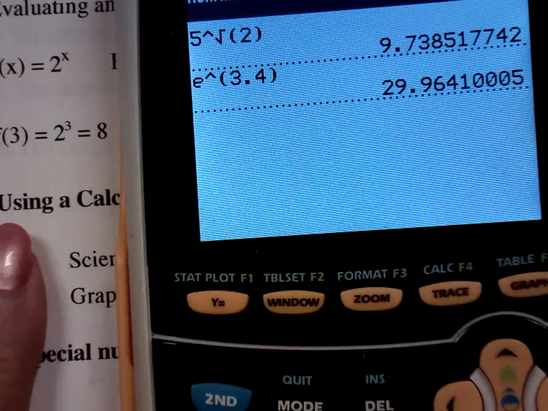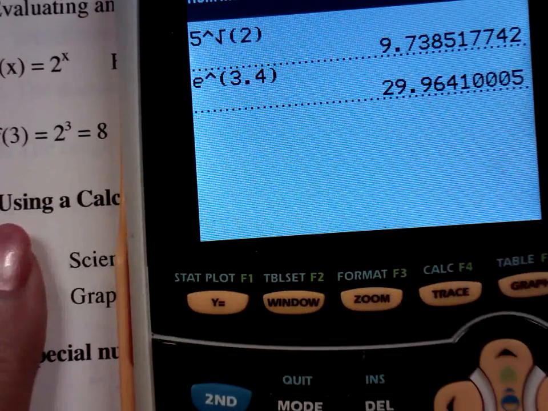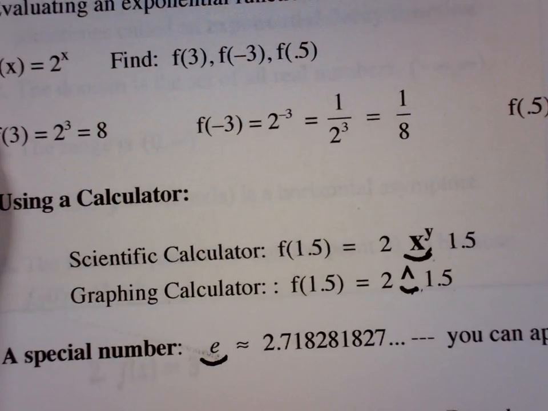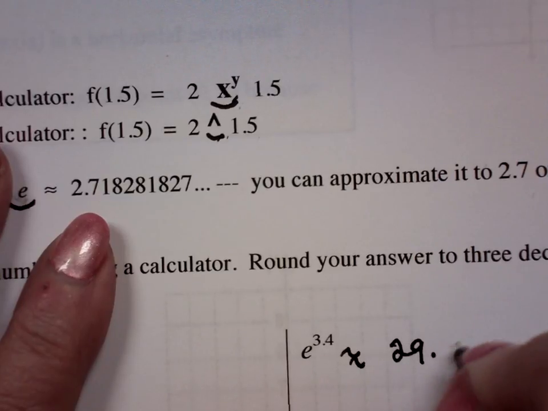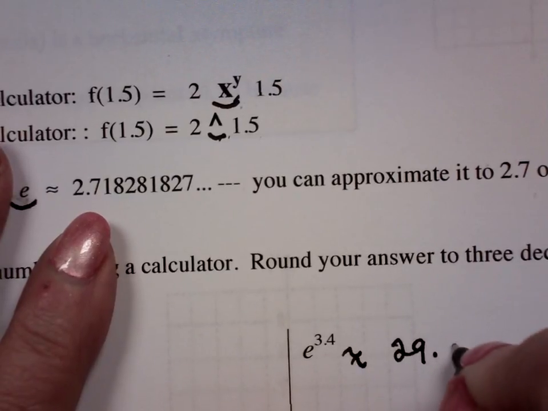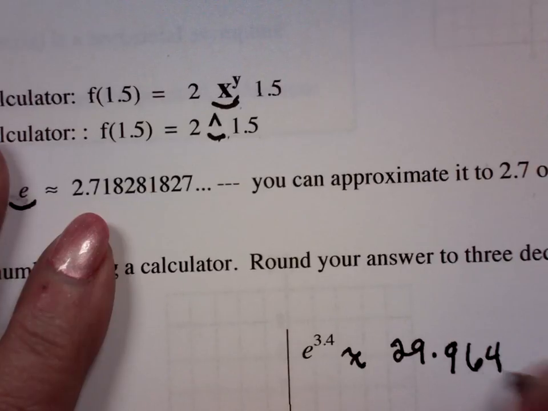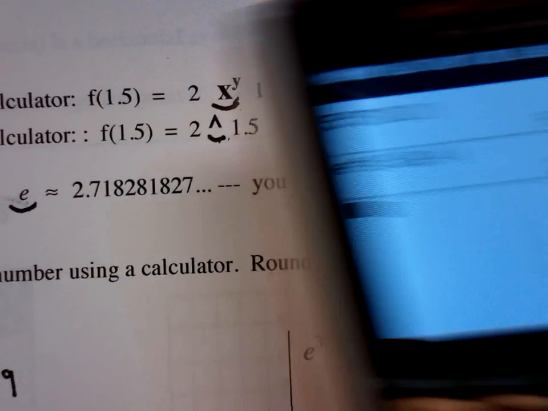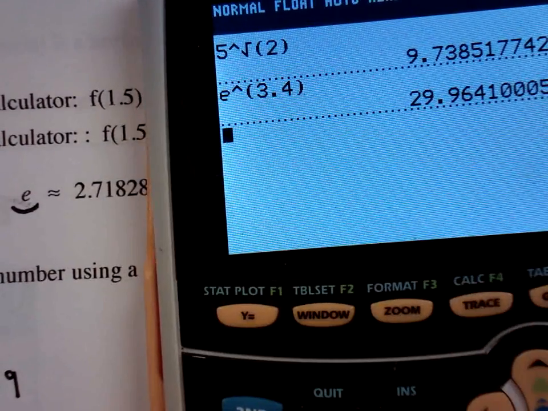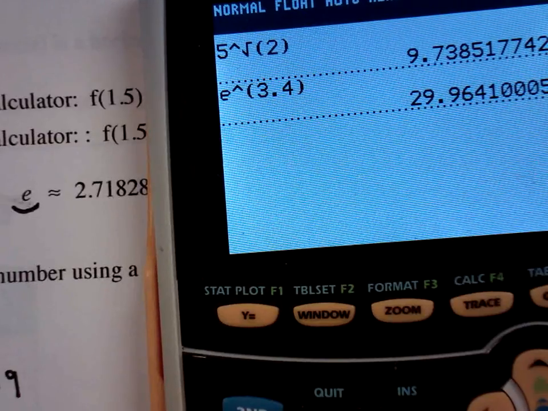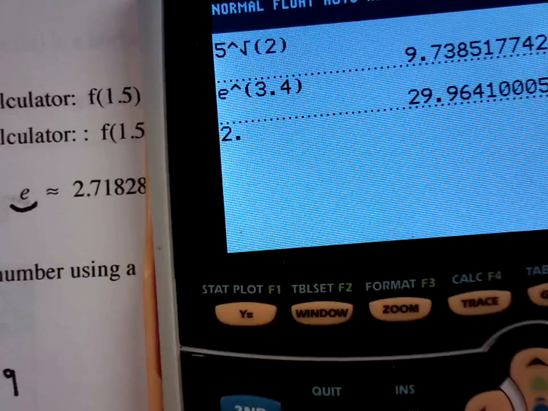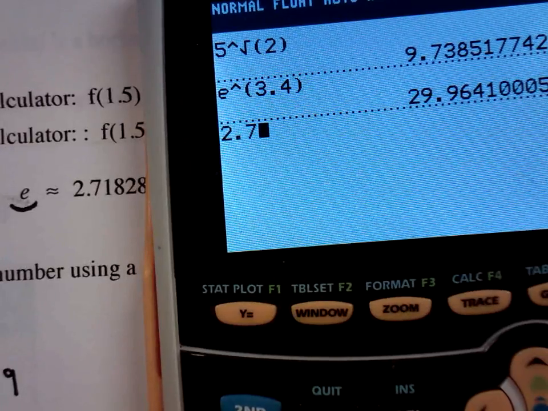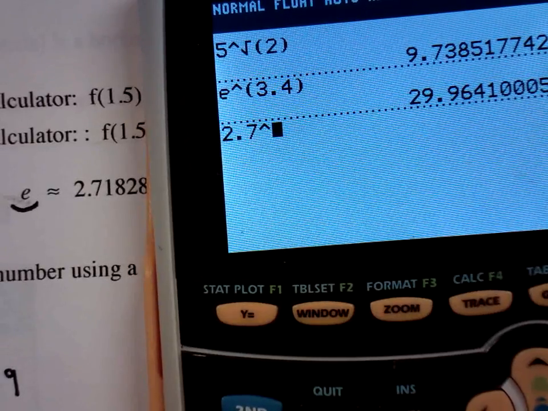And 29.964. So we can say that this is approximately 29.964. Now remember, if you can't find E, or you don't have a calculator that's got E on it, but you do have an exponent, you could say, well, I'm going to approximate it 2.7 to the 3.4.